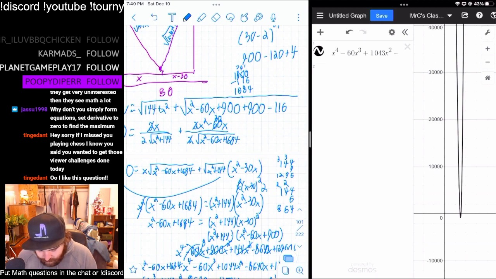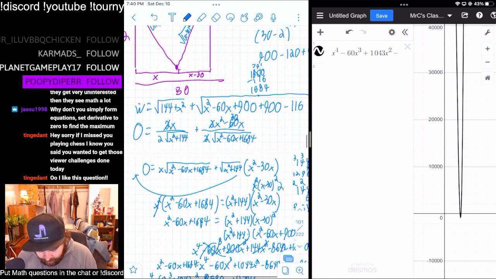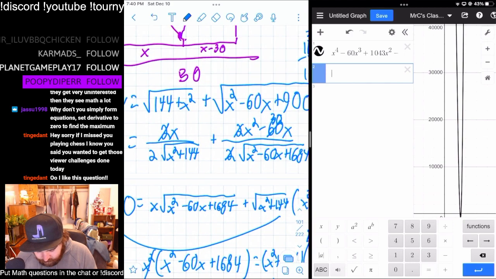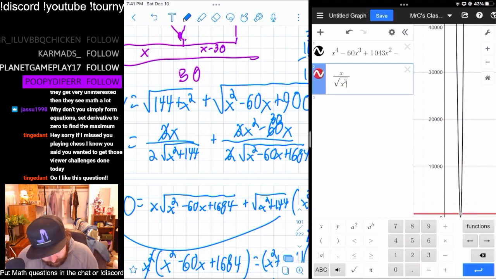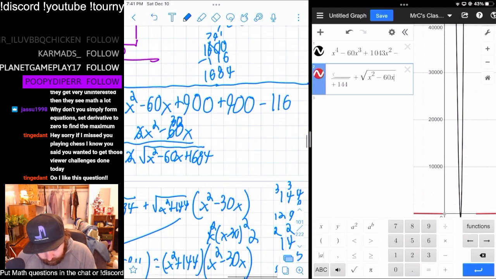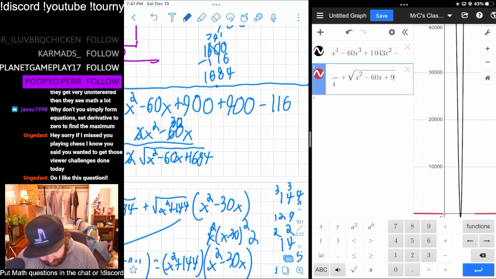Oh, I never took the derivative, did I? Oh, no, I definitely did. So I was trying to say that that was the same as x over the square root of x squared plus 144, plus the square root of x squared minus 60x plus 900 plus 900 minus 116.